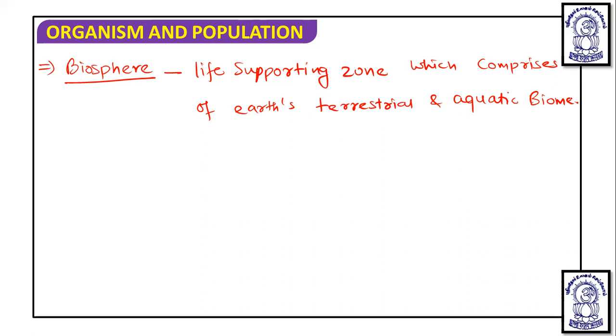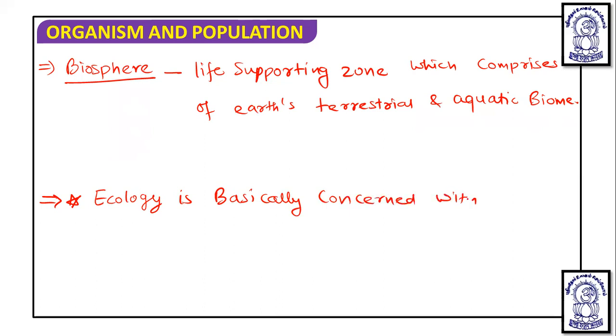So these are the different levels of ecological organization, but the important thing to remember is that ecology is basically concerned with four levels of biological organization.